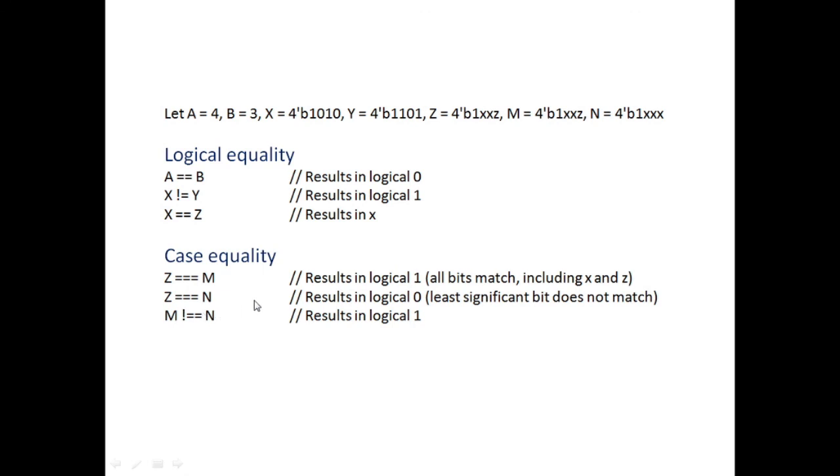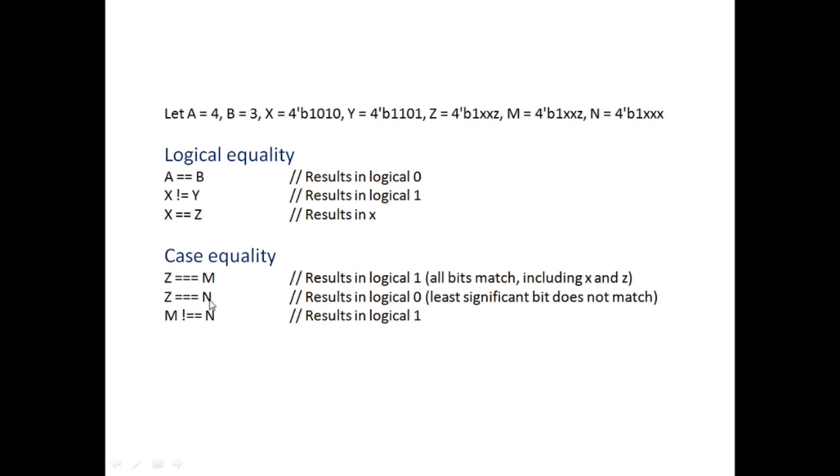So it evaluates to either 1 or 0, but it does not evaluate to x as you found in logical equality operation. So individual bits are also matched. Z equal to M: Z is XXZ, M is XXZ, each and every bit is matching. So it results in logic 1.